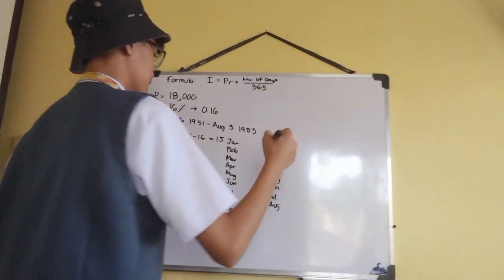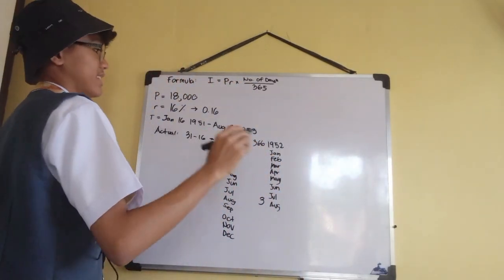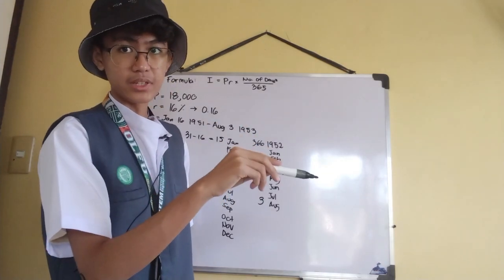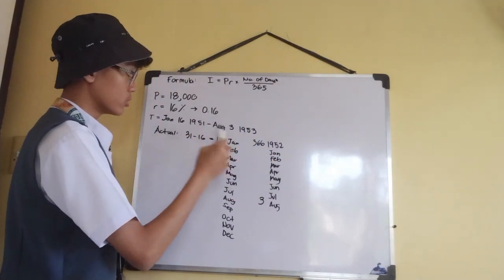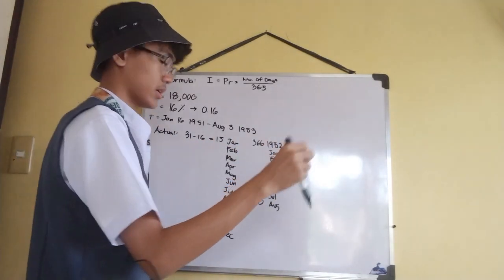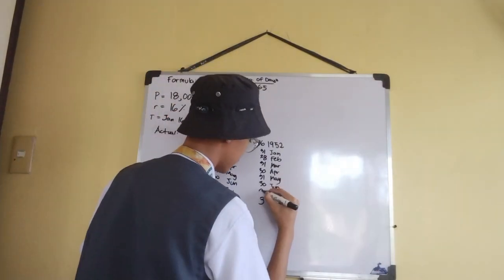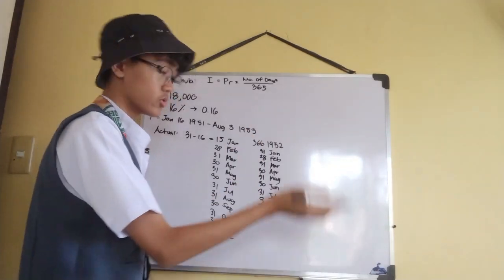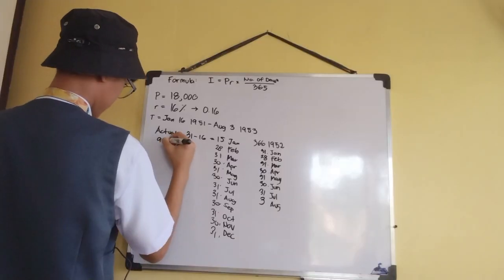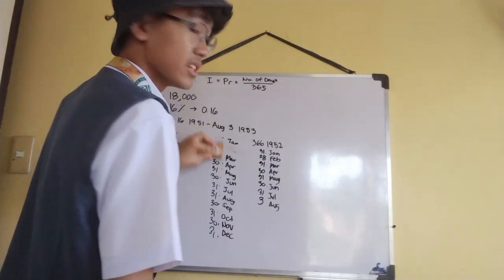As you can see, it's a leap year, so we write 366. Since 1952 is a leap year, we can consider 1951 and 1953 as normal years, because a leap year only occurs every 4 years. 30, then 31 again. Then add all those together. This is our time, or our number of days rather: 90 days.